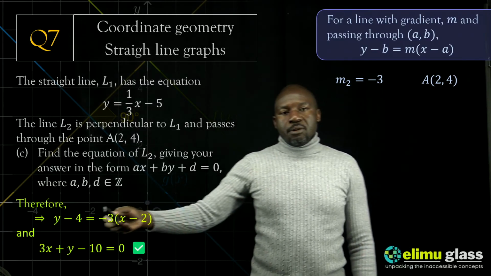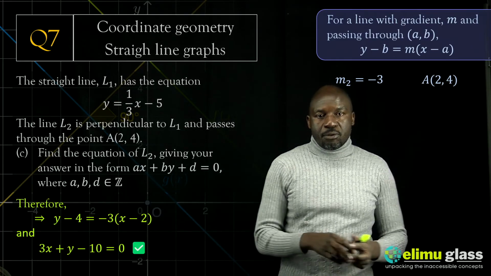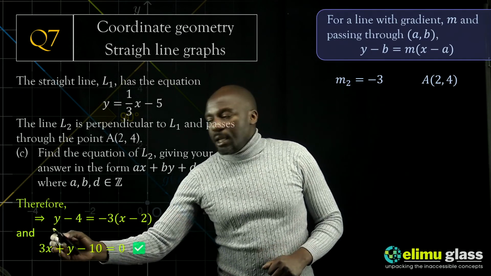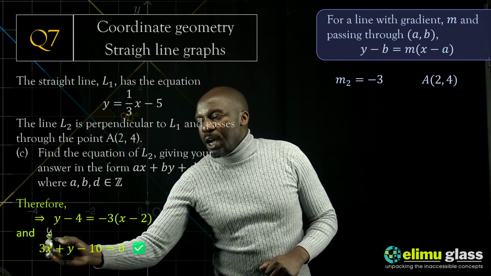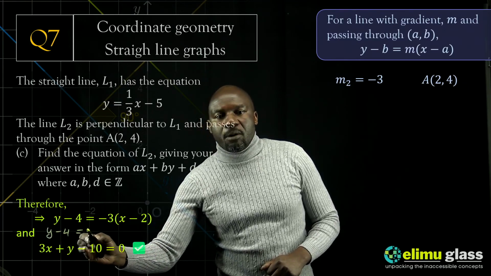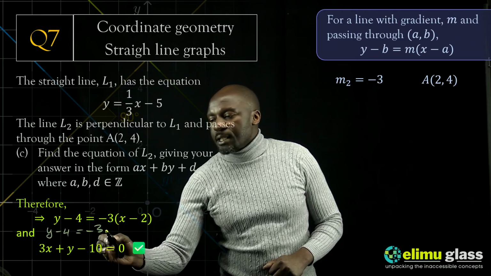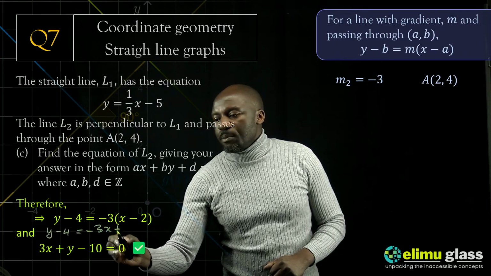You can do this a bit slower and see that it is true. This here is y minus 4 equals negative 3x plus 6.